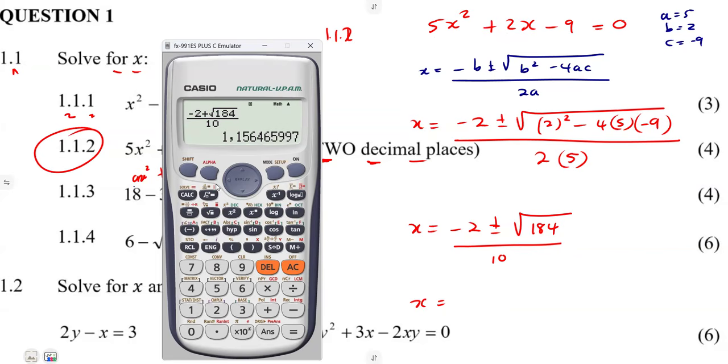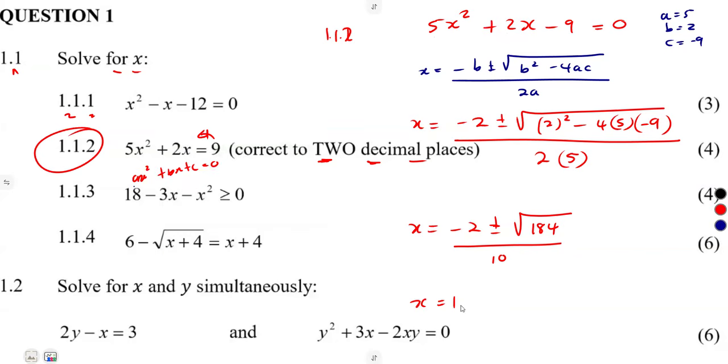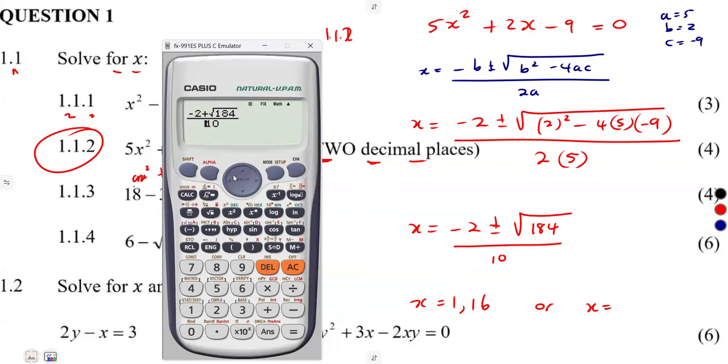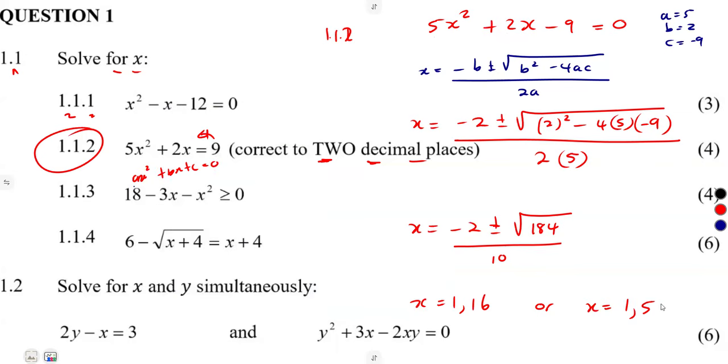We can simply fix our calculator to 2 decimal places like this. That's going to be 1.16. So that's 1.16, or x is equal to the negative, and our answer is going to be negative 1.56. This is what you are going to have as the values of x to 2 decimal places.